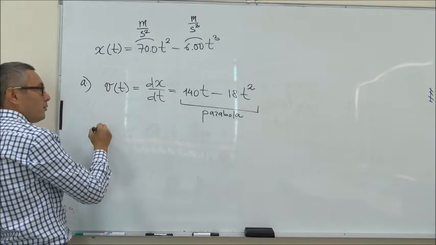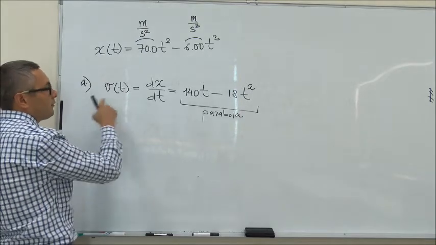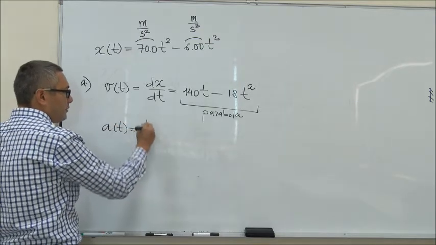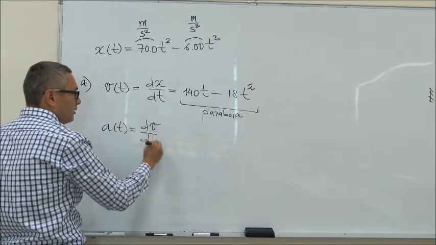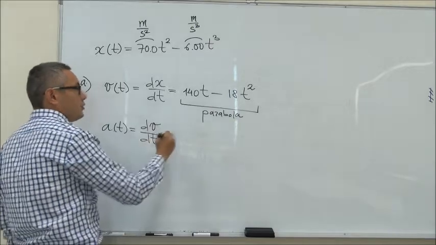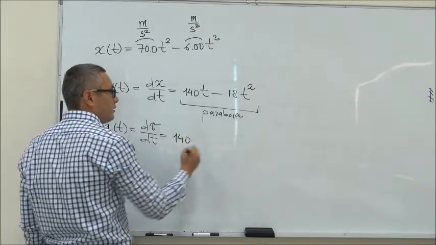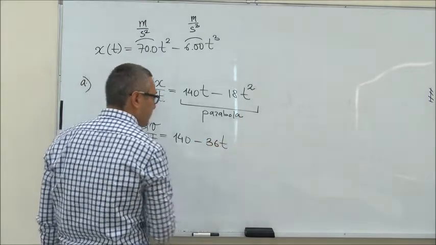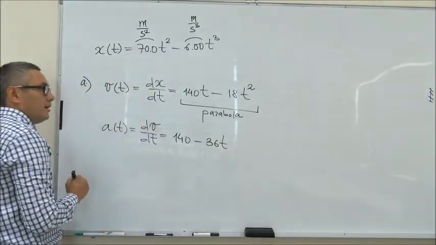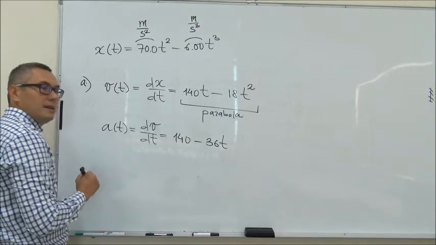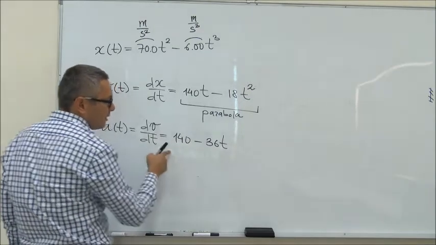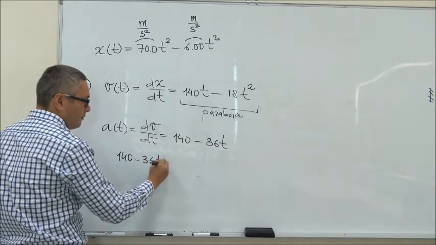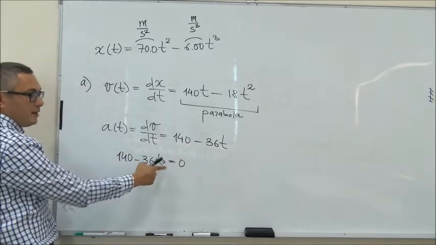To do that, we need to take another derivative of v, and that would be acceleration. This would be dv/dt, which is 140 minus 36t. And to find that point of extremum, we need to set this equal to 0 and find that t0.